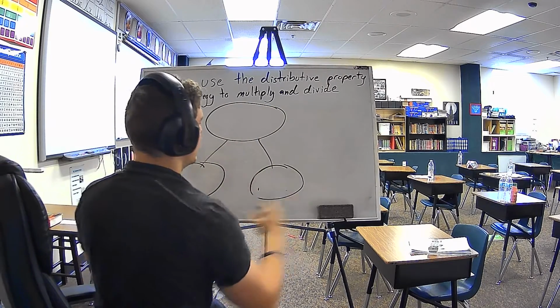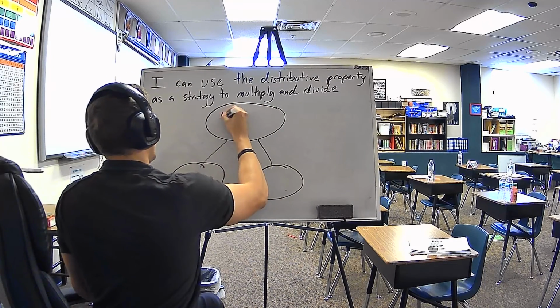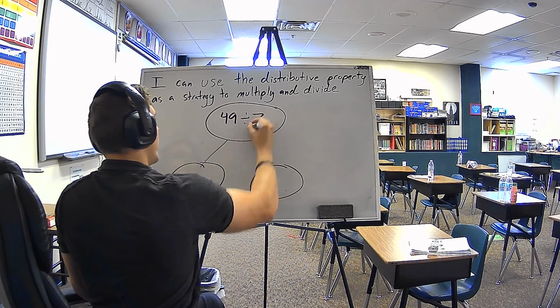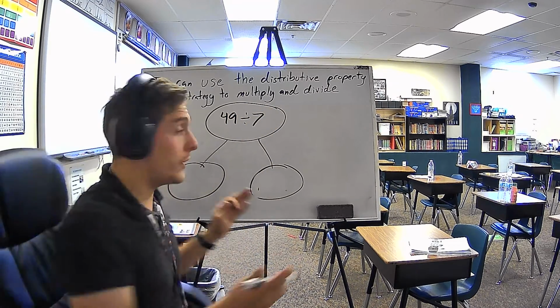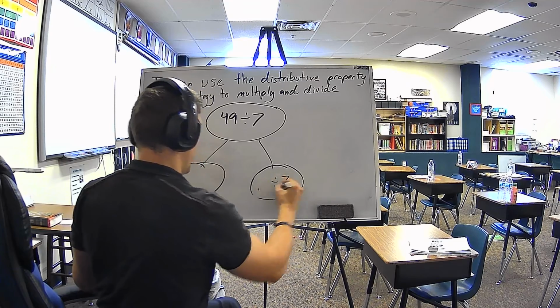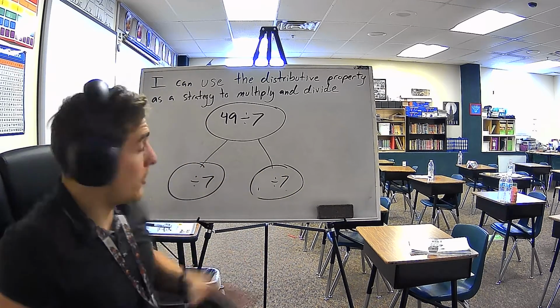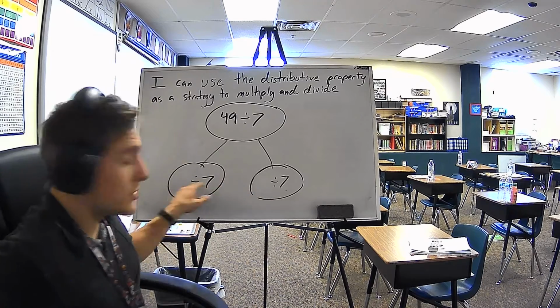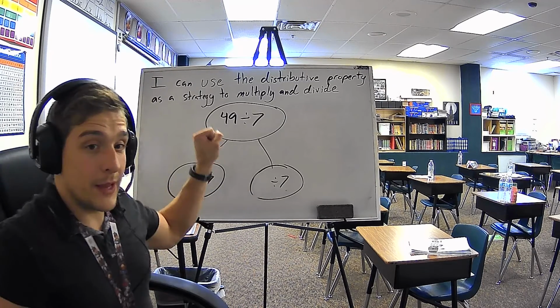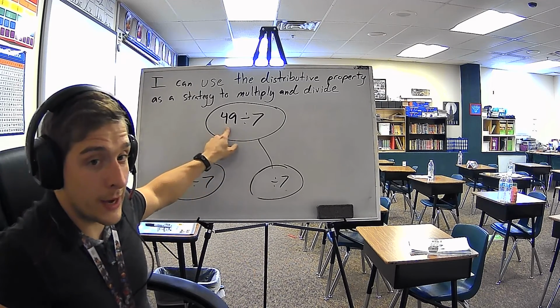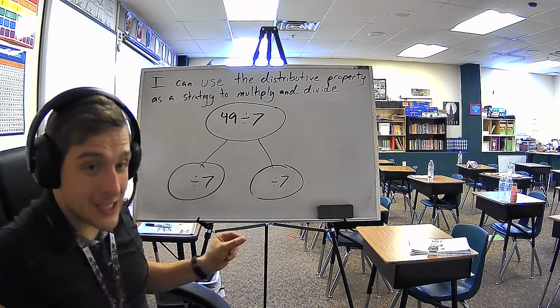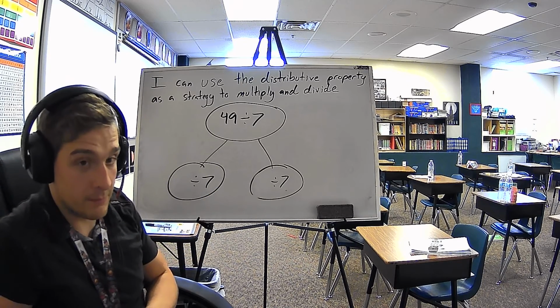I'm going to say 49 divided by 7. So right there, we already know what the last half of each one of these problems is going to be. It's going to be something divided by 7. Now, remember, whatever number I put into these two spots, when I add them together, they must equal 49. And that both of them must be divisible by 7.